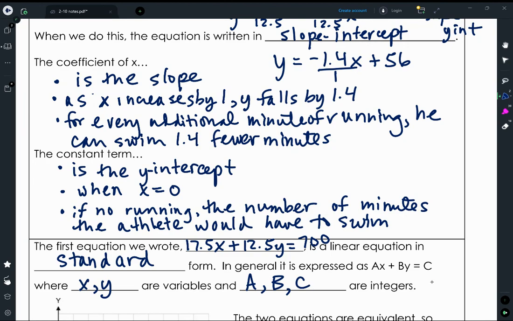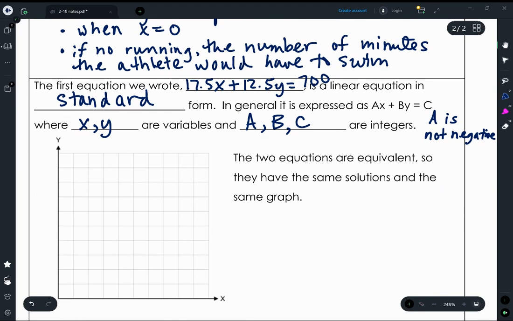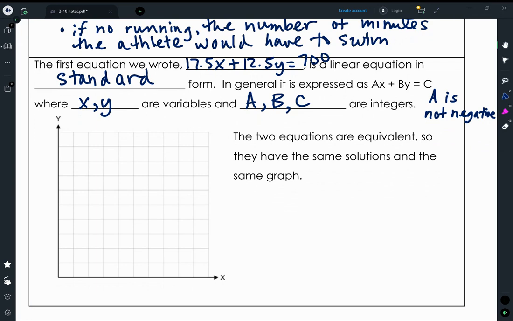A lot of times we like it if a is not negative. I will take negative answers for a, but not negative is better. So our goal is that a, b, and c are not fractions. They are integers. Like 5 or 7 would be okay, or negative 8 would be okay, but we don't want a to be like 1/3. The two equations are equivalent, so they have the same solutions and the same graph.